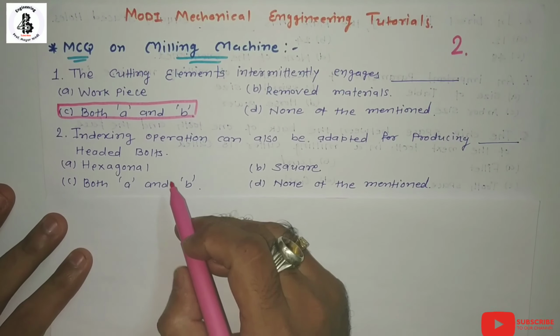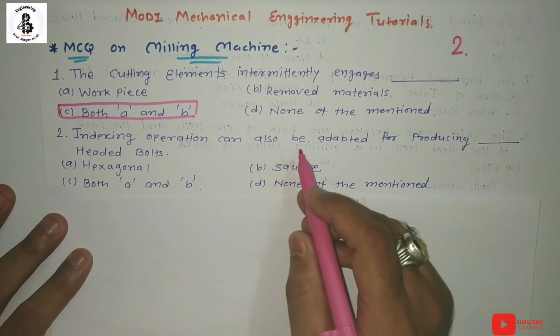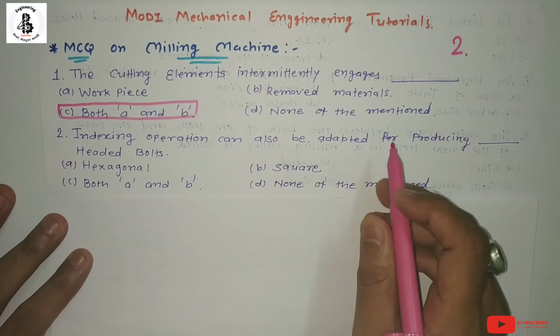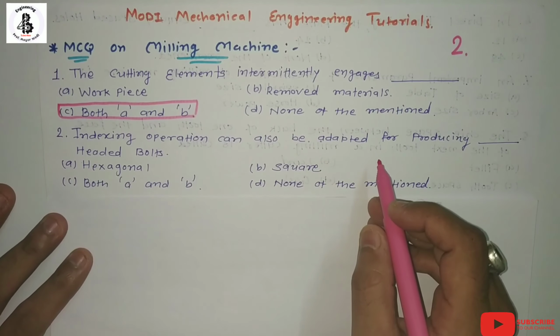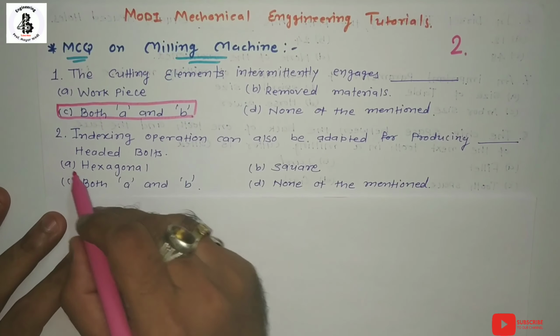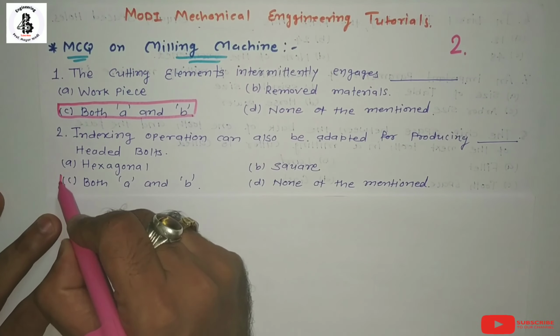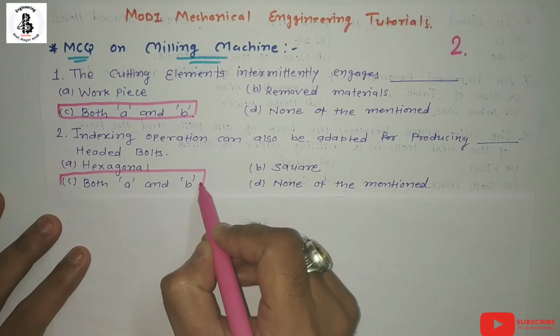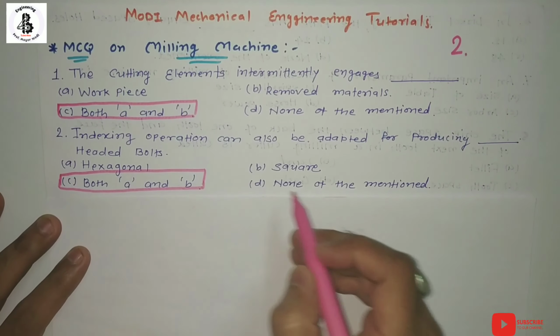So by the application of indexing operations, we can produce both hexagonal as well as square headed bolts. So according to the given options, both A and B are possible. So the right answer is C, both A and B, or you can say hexagonal as well as square headed bolts.